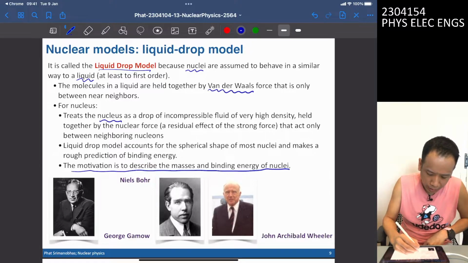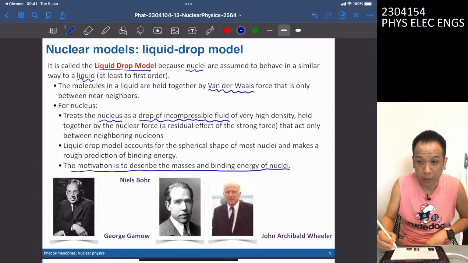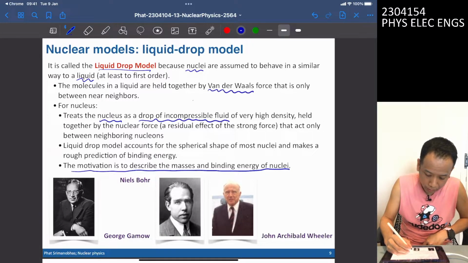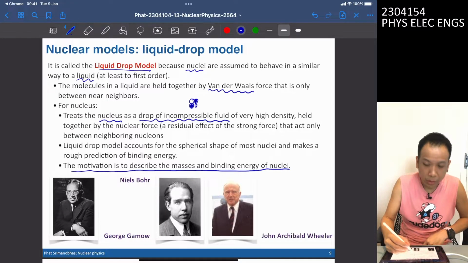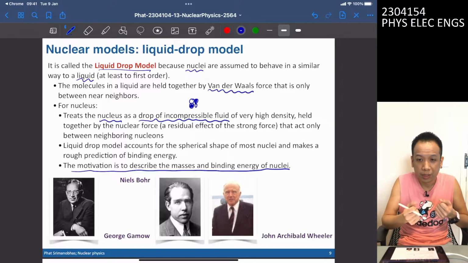The nucleus is considered as a drop of incompressible fluid, right? Because as you learned before, you cannot really squeeze it.